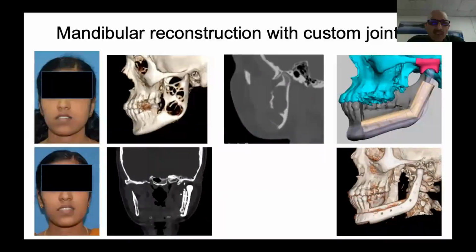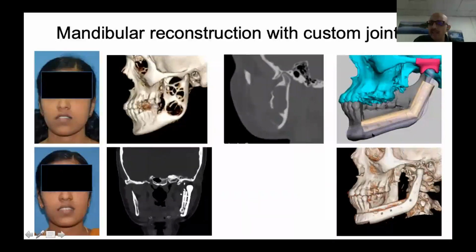Now, what we've started doing recently is to have a custom-made prosthesis, and this custom-made prosthesis is made by CTARs in Chennai, and this is an extended TM joint prosthesis. The advantage is that we can place the fibula upwards. It need not be placed at the lower border because the lower border is made by the titanium plate. This titanium plate gives the contour to the lower border of the mandible, and this fibula is shifted upwards.